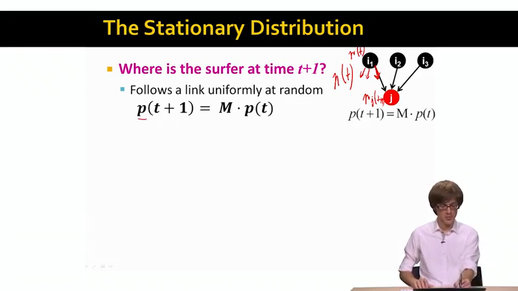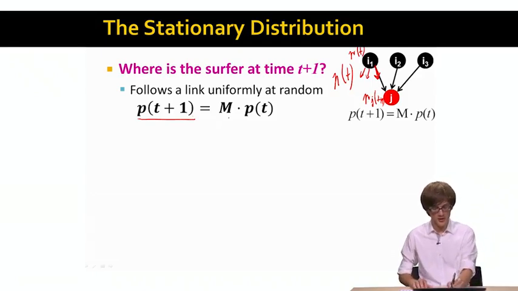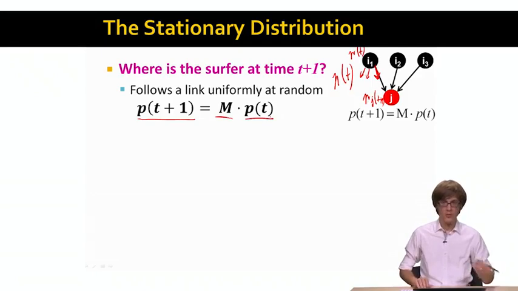So this means that the probability distribution of where the random walker resides at time t plus 1 is simply our matrix M times the probability distribution where the random walker was at time t.